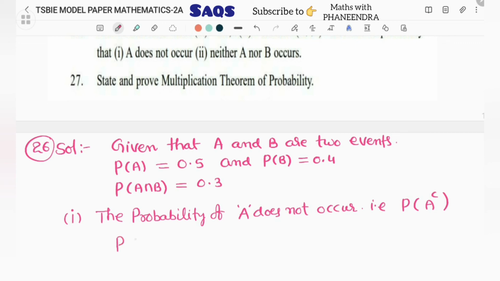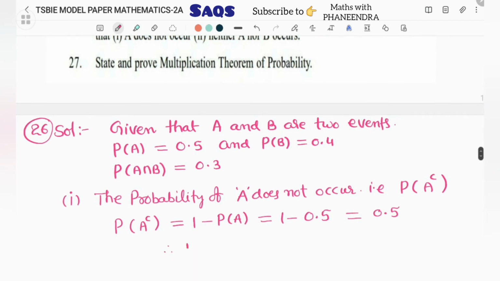So P of A complement is equal to 1 minus P of A, that is equal to 1 minus 0.5, which is 0.5. Therefore P of A complement is equal to 0.5.